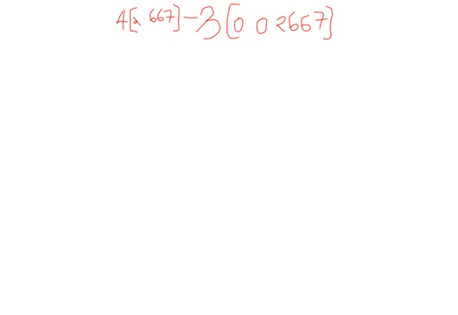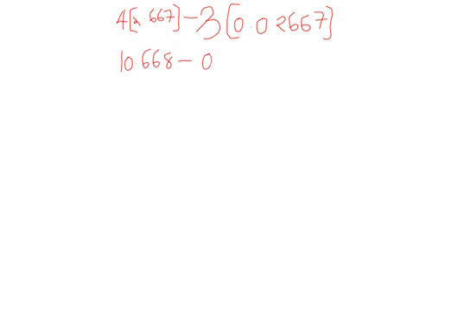If you take 4 multiplied by 2.667, I expect you to get 10.668. Again, you take 3 multiplied by 0.02667 and you'll get 0.08001.